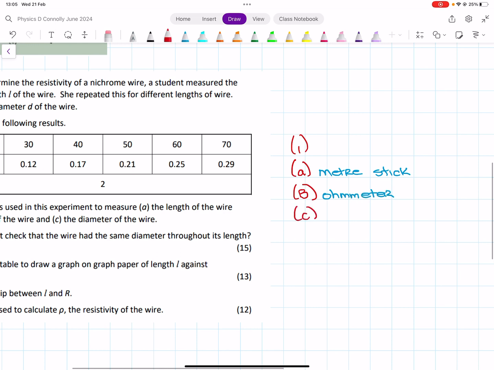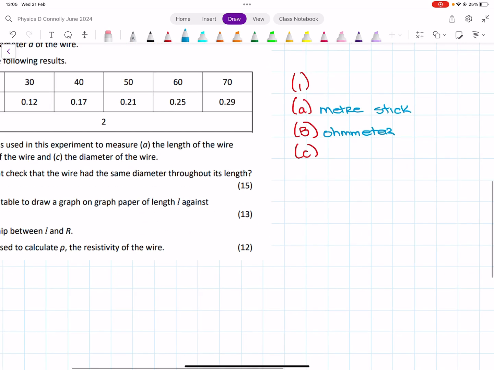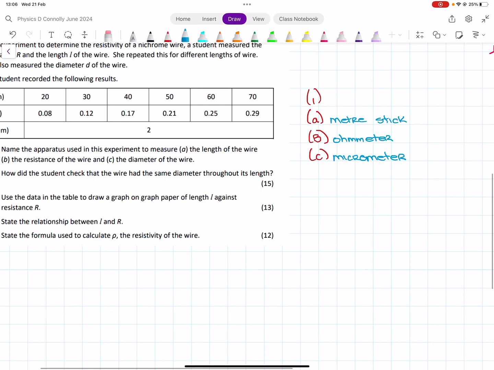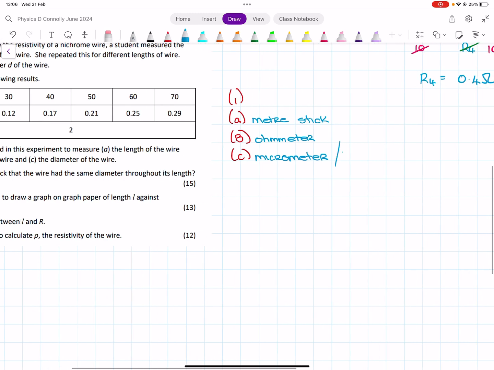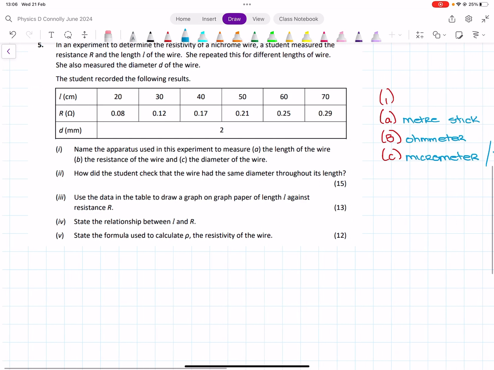And C, the diameter of the wire, and that would be a micrometer, or you could say a vernier calipers. Just to be clear, you can't say calipers on its own. So a micrometer or a vernier calipers.